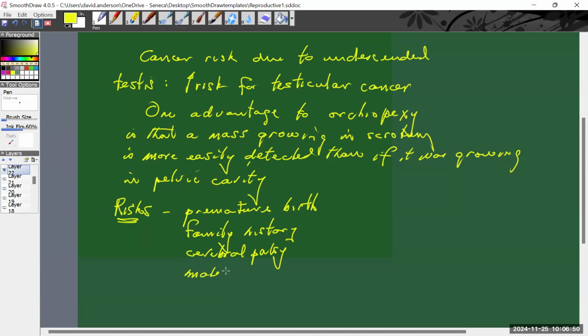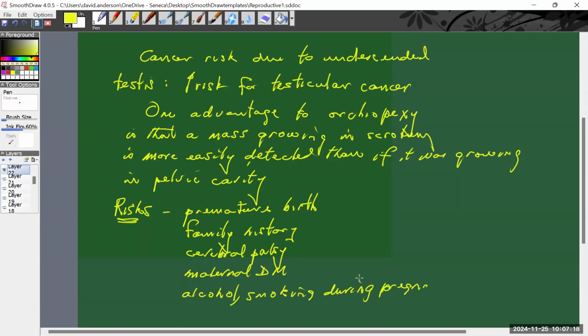Maternal diabetes, either during gestation or before, and obviously after. Alcohol, smoking during pregnancy increases this risk.